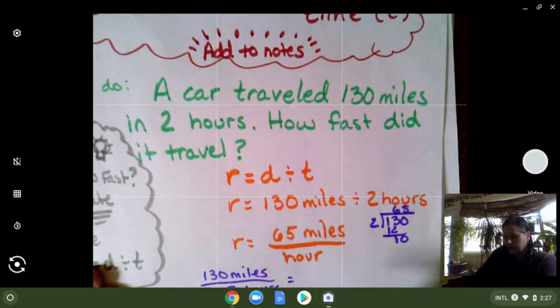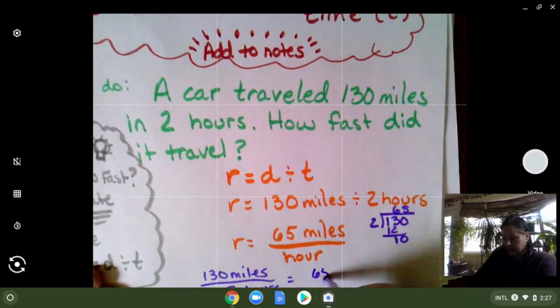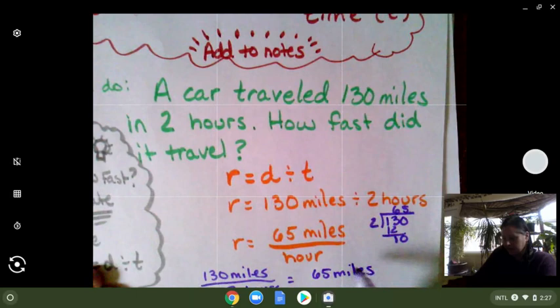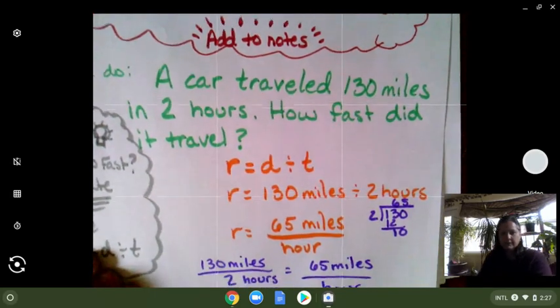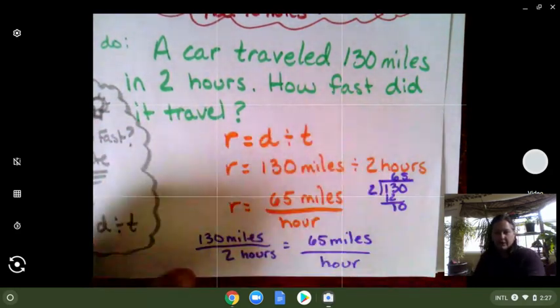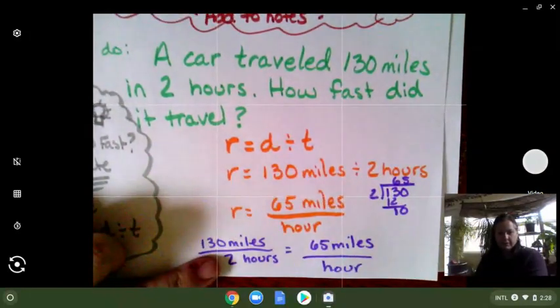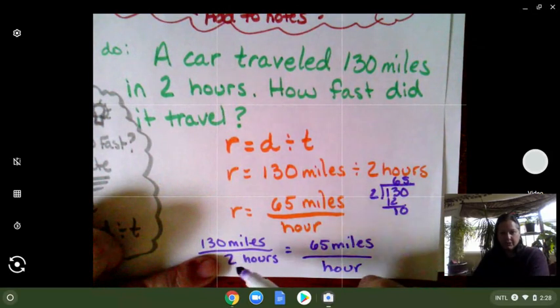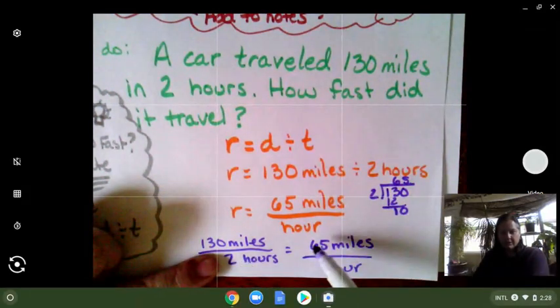And then when you do your dividing, your answer goes on the top, 65 miles. And you keep these labels because we didn't cancel them, per hour. 65 miles per hour. We can do the division. 130 divided by 2 is 65 miles per hour.